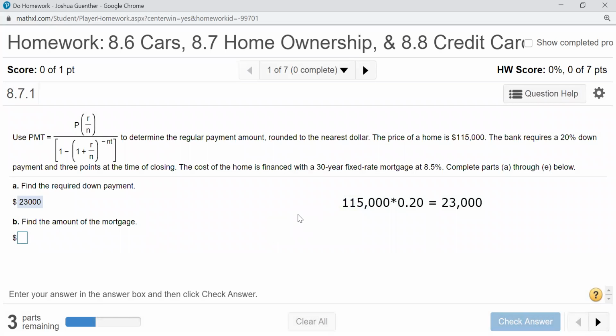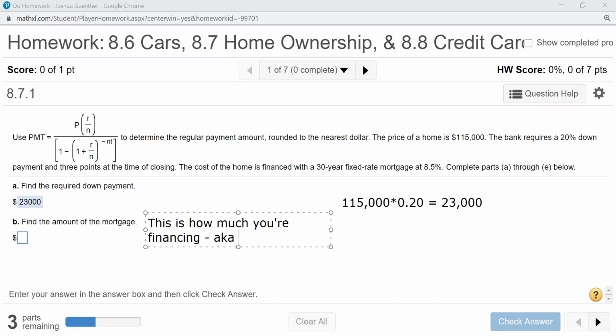Next up, the amount of the mortgage. That's how much you're financing, aka borrowing. Well, if it's a $115,000 house, you've got to pay off $23,000 of it right away. Then the difference between those numbers is how much you have to borrow in order to make it happen.